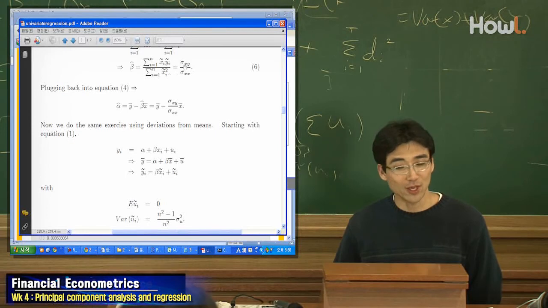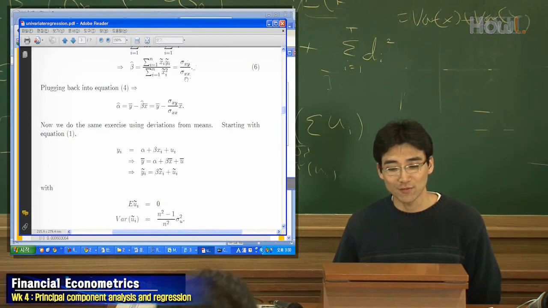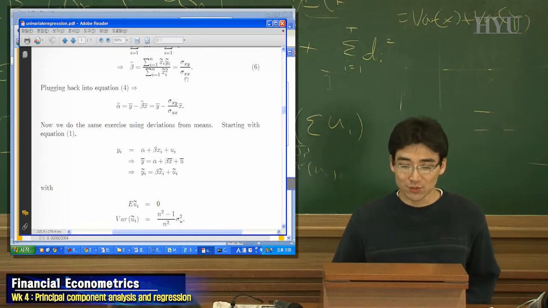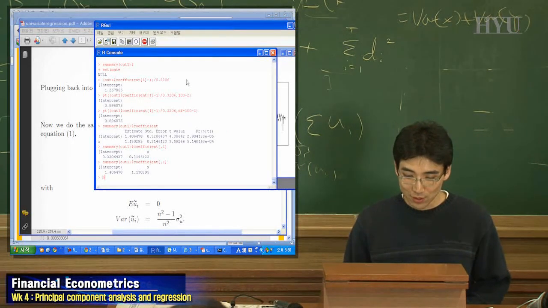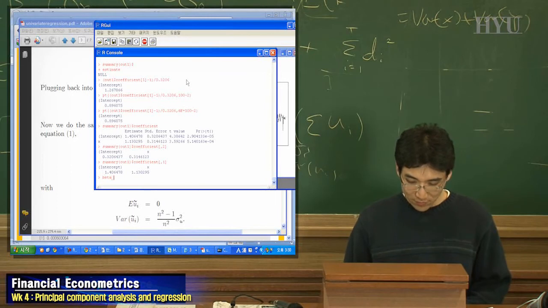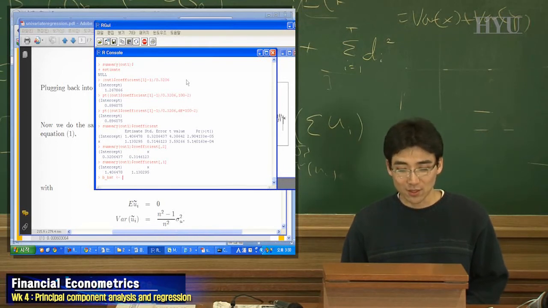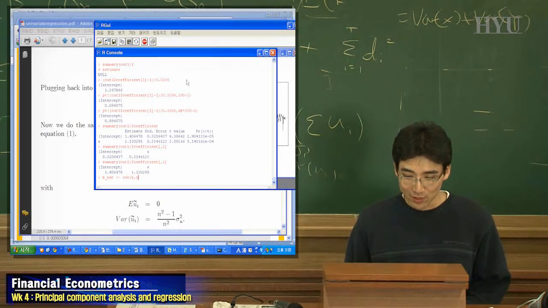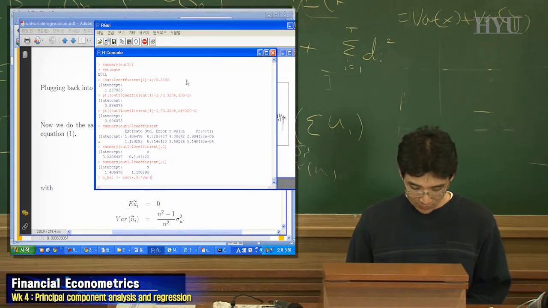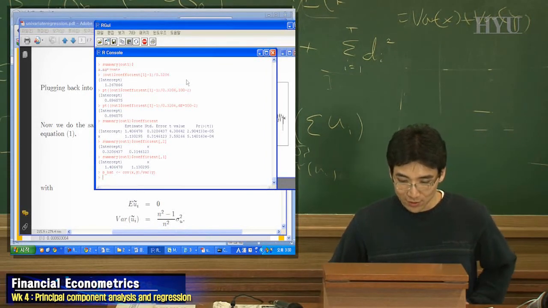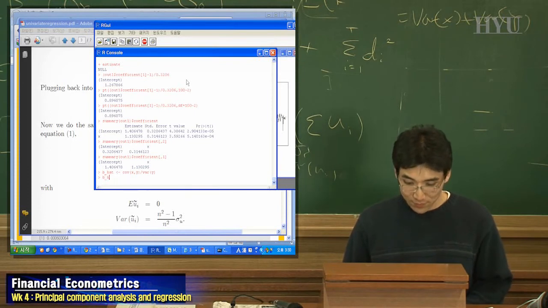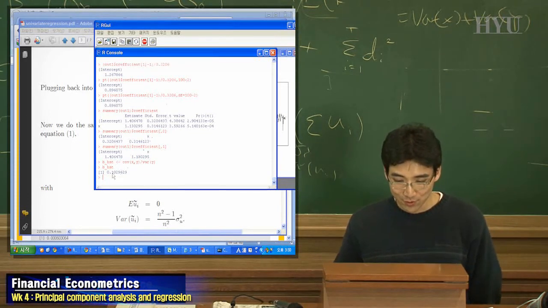The estimate of beta should be the ratio between the covariance of x and y and the variance of x, right? So let's try this one. Let's define b hat as the covariance of x and y divided by the variance of y, right? And the answer is b hat is 0.